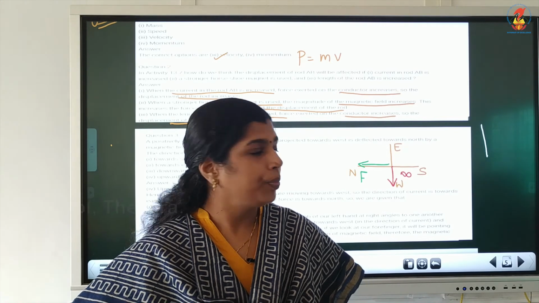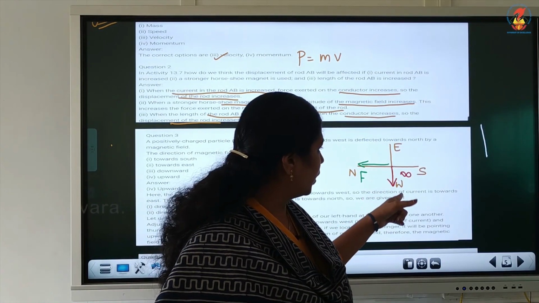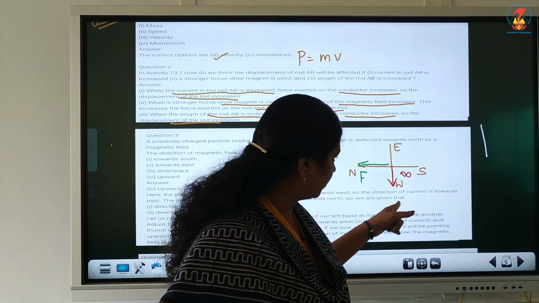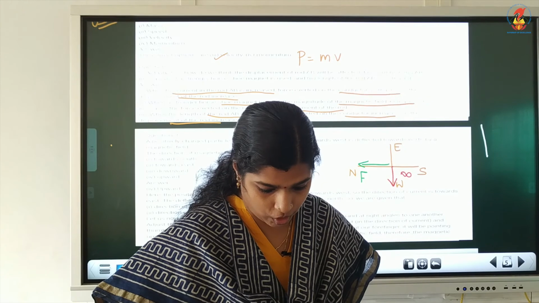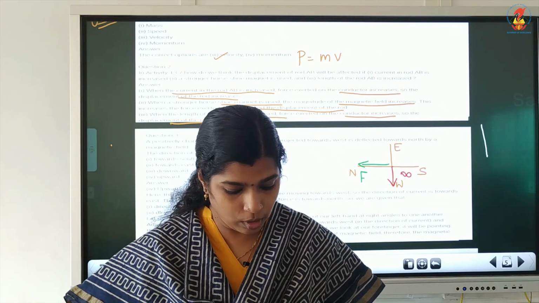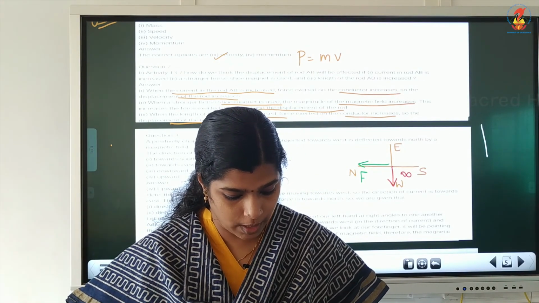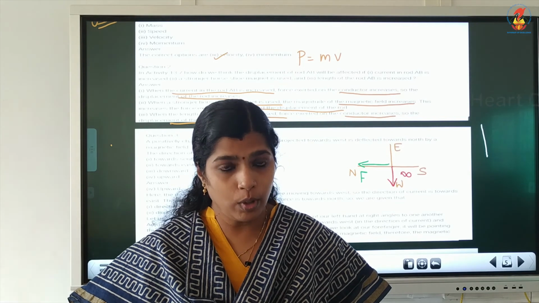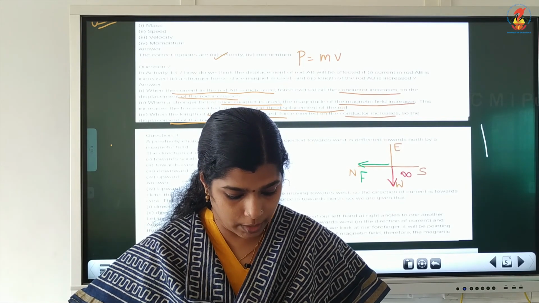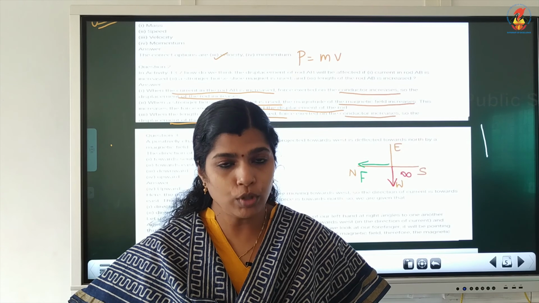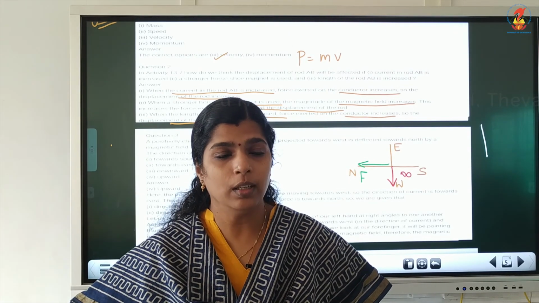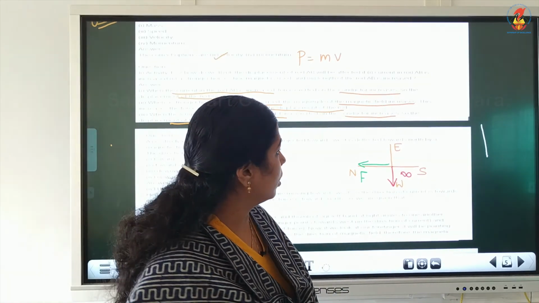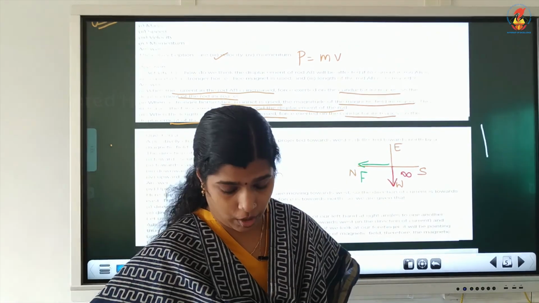So here the electric current is in the west direction, and that positively charged particle is deflected towards the north by a magnetic field. So the force experienced by the positively charged particle is in the north direction.